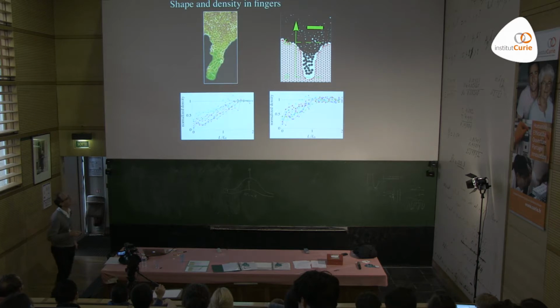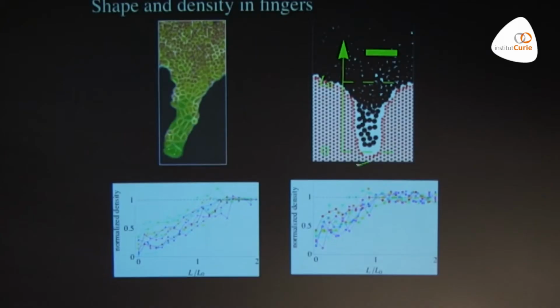Okay, so this is the model, and this is what you get in the shape of the fingers, where this repulsion is destroyed, and you get things that resemble these fingers a bit.